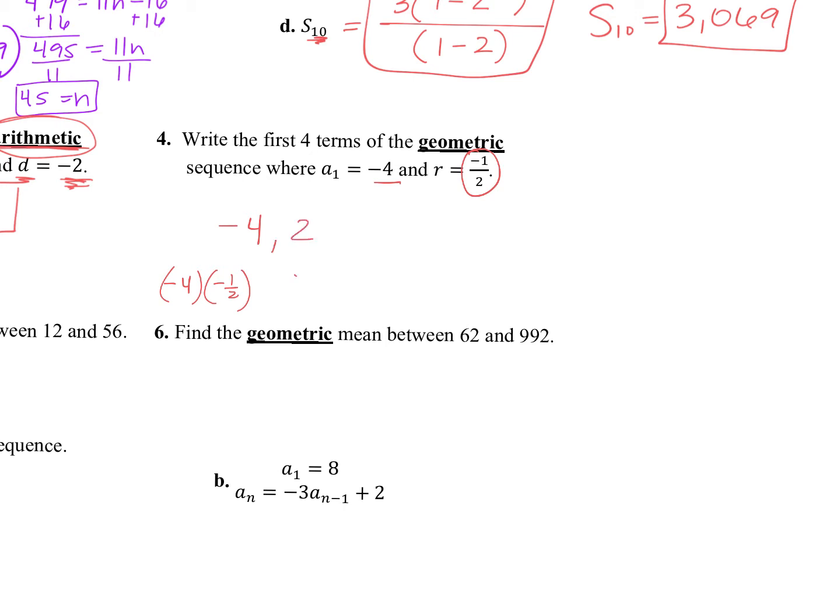Now you're going to go 2 times a -1/2. Multiply that, you get -1, and then we're going to do -1 times a -1/2. And now your next term becomes a +1/2. So these are the first 4 terms of that geometric sequence.